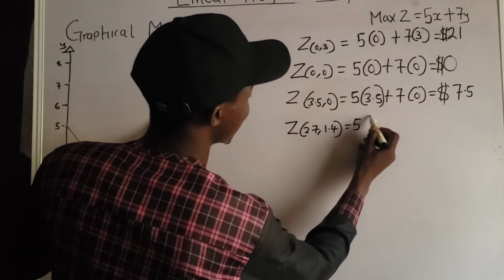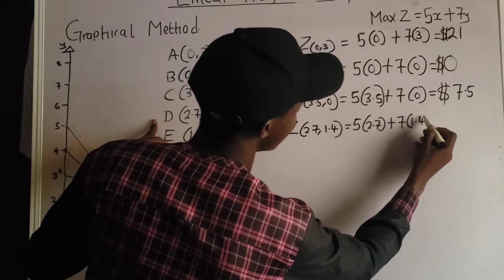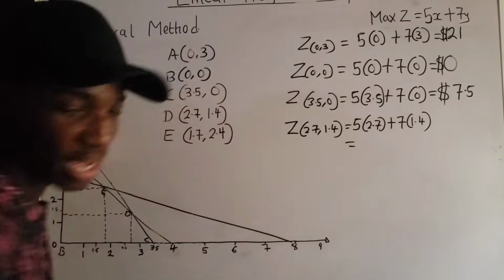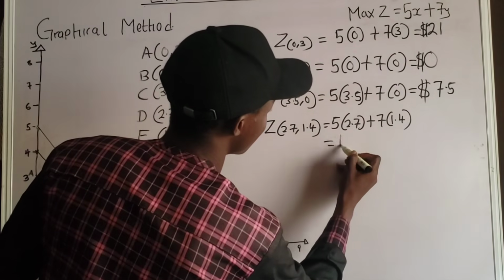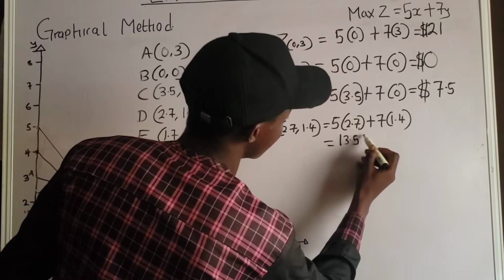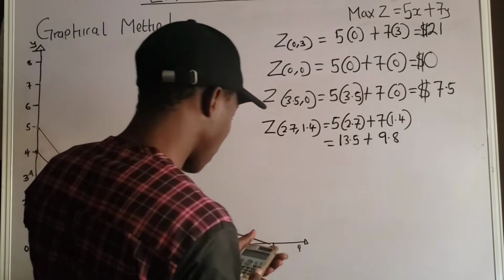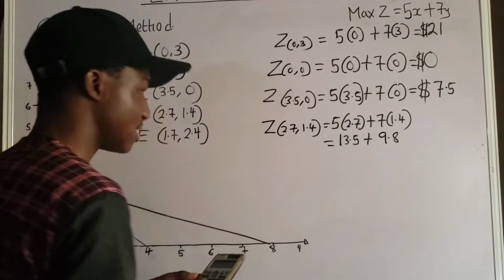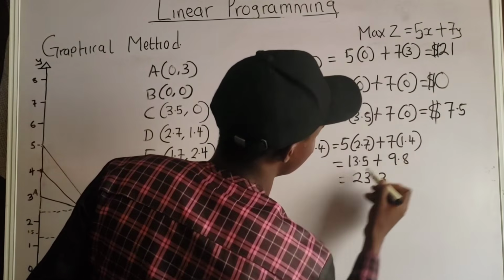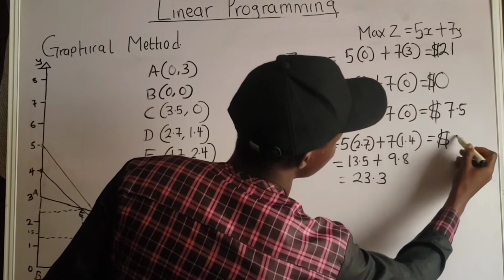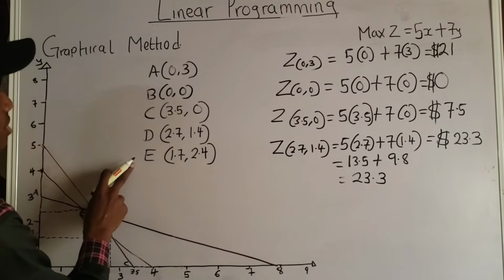That is 5 into bracket 2.7 plus 7 into bracket 1.4. 5 multiplied by 2.7 is 13.5. 13.5 plus 7 times 1.4, that is 9.8. 13.5 plus 9.8 is 23.3. So the value for this is $23.3. You get it?